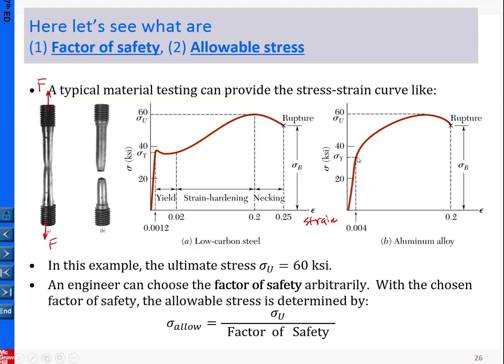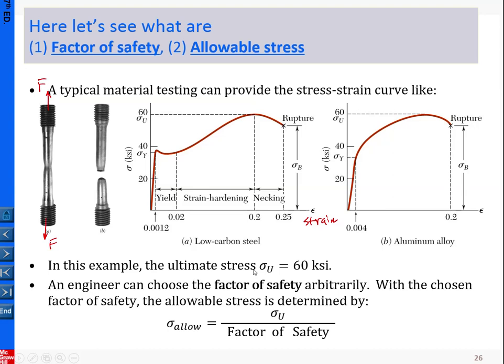For the other type of material, which we call brittle material, like aluminum alloy or glass, the loading feature will be different. The stress just monotonically increases until the material breaks. Again, we record the maximum stress that occurred during the loading process, denoted as sigma U. Sigma U is called the ultimate stress, which is a material property.